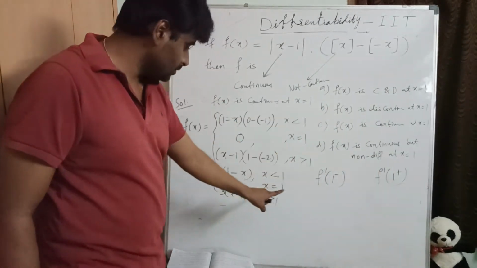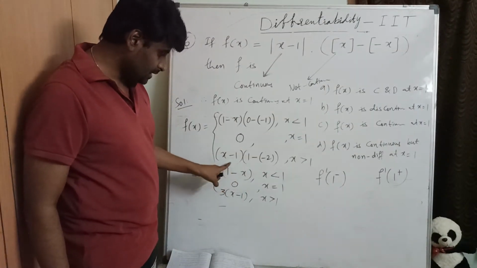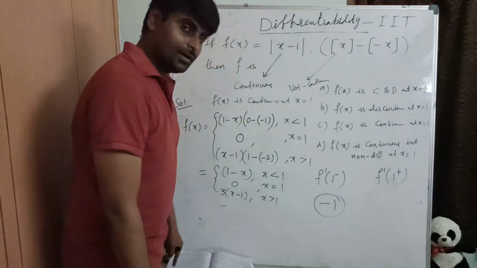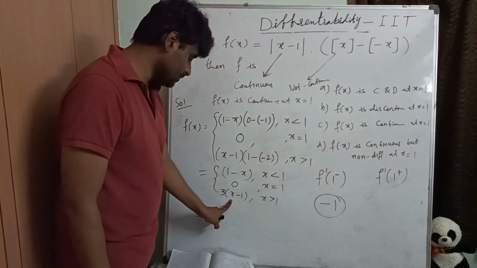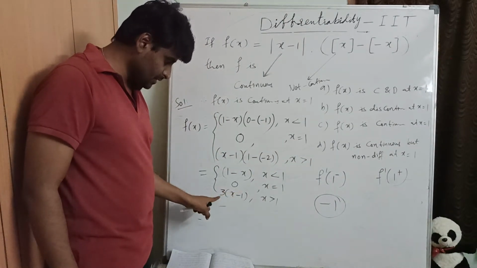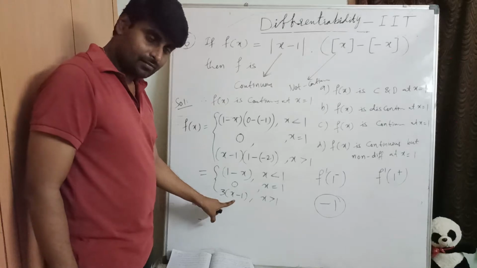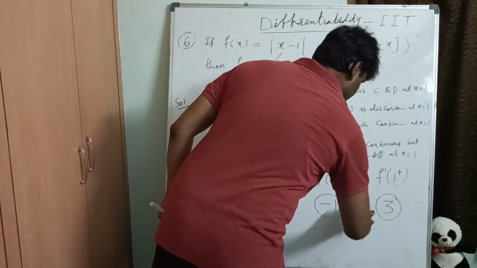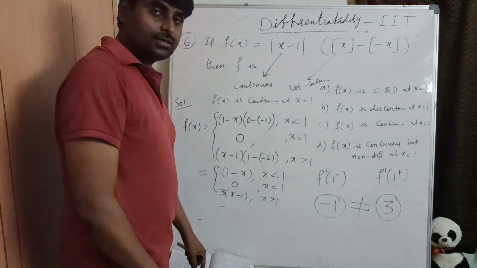If you derivate this one, what do you get? Minus 1. Obviously it is not equal to this one. Now here, derivate this one: 3 into 1 minus 0, 3. So both are not equal. So it is not differentiable.